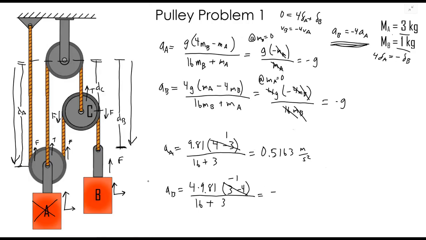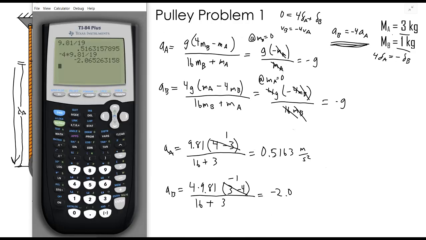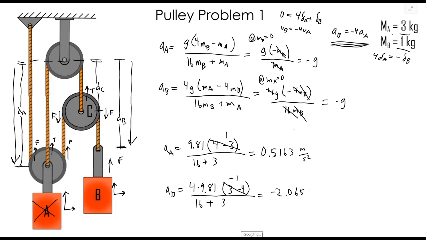Boom. So we got negative 2.0653 meters per second squared. Again, kilograms cancels out, and you're just left with the units for G, which is meters per second squared.